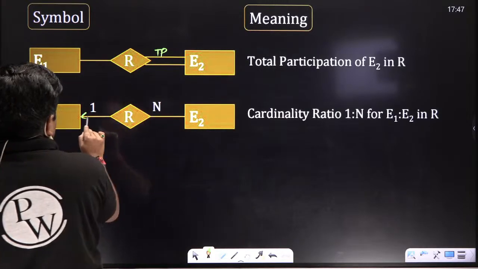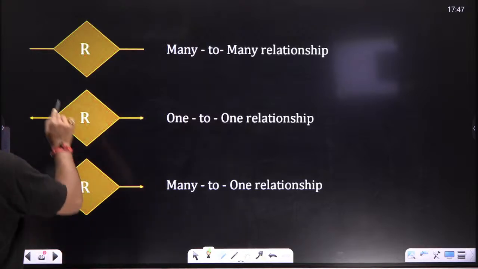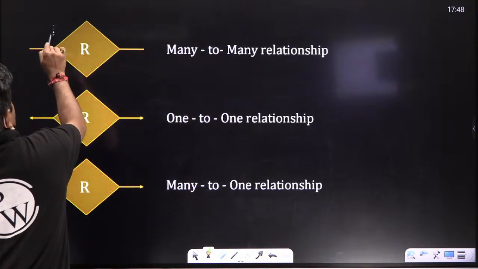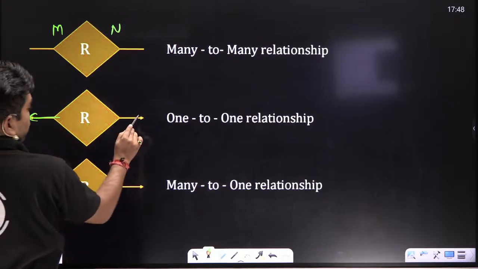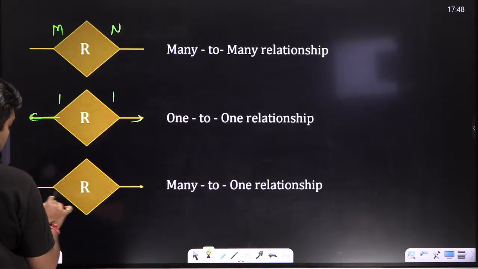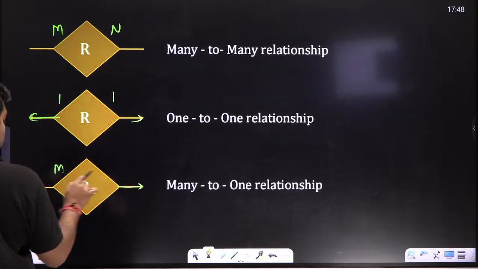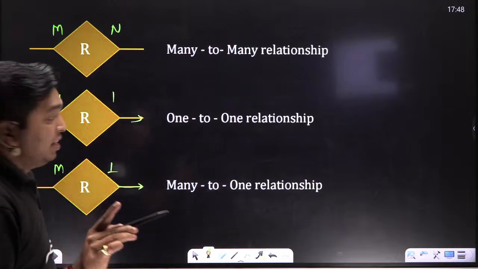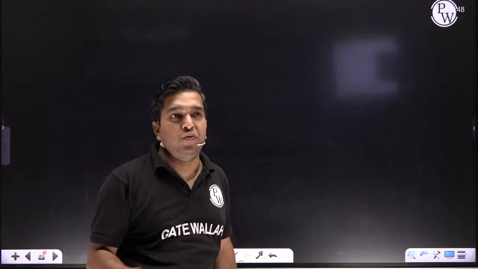This is what? 1 to many. This is what? Many to many. This is what? 1 to 1. This is what? Where is the arrow? This one. Many to 1. I think now there is no confusion between 1 to many or many to 1. Everything is crystal clear.